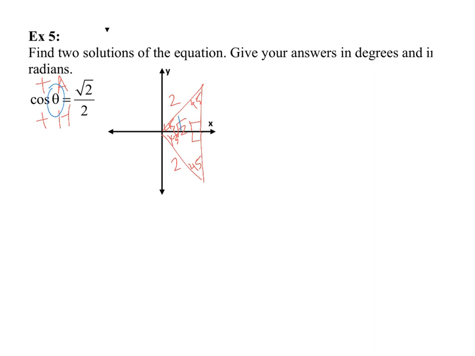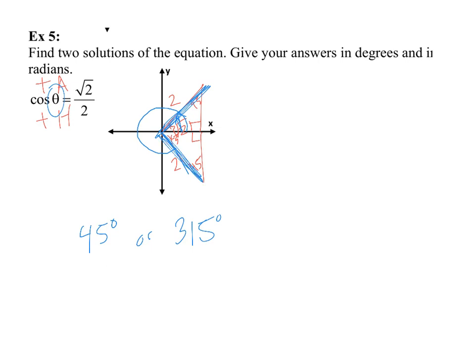Well, the first one would be 45 degrees. The next one would be what? You have to rotate all the way around, 90, 180, 270, another 45 is 315. Because this is where one terminal side is, and then we rotate all the way around and we get our other terminal side, 315.